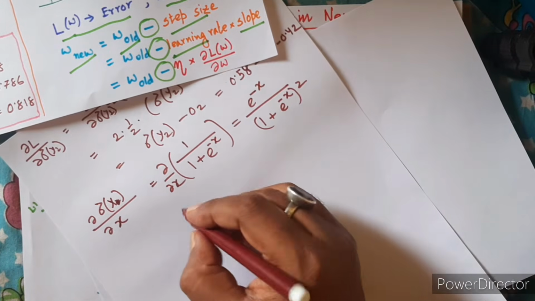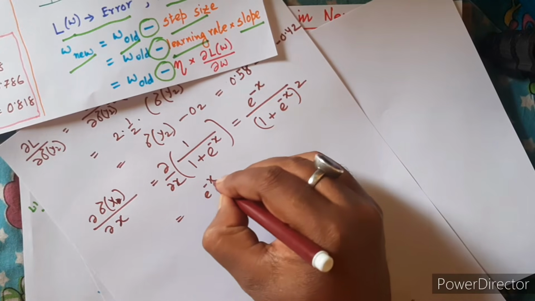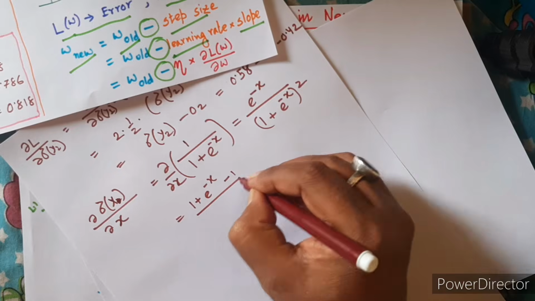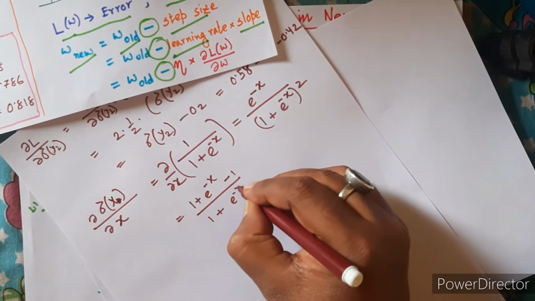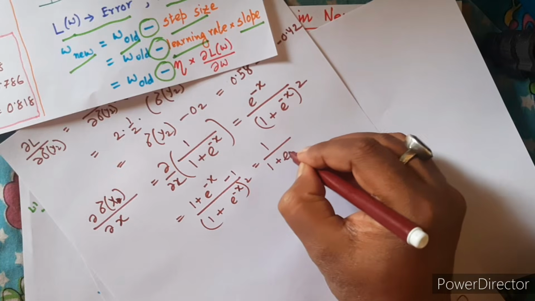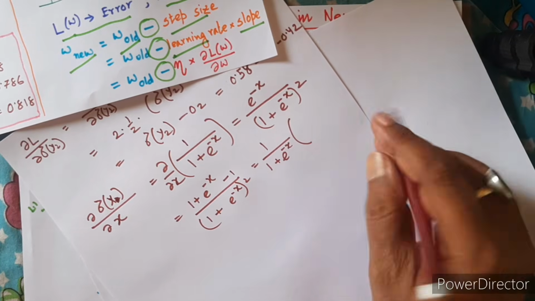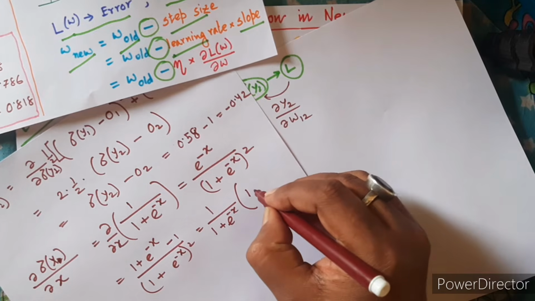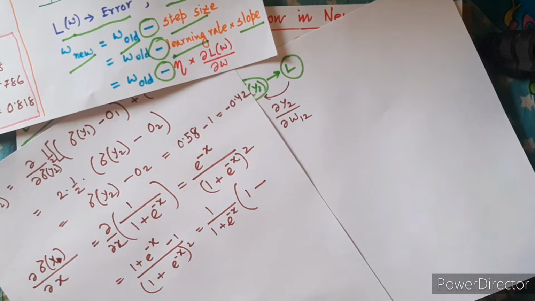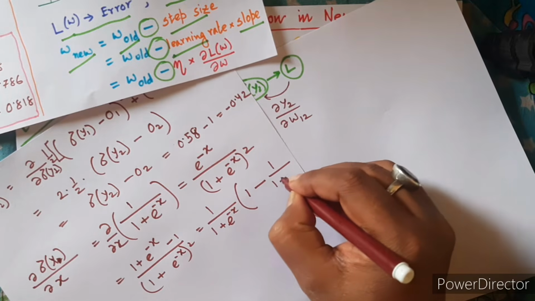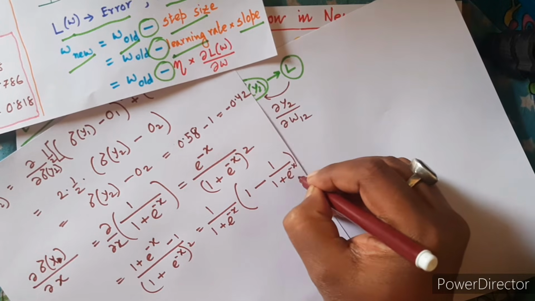Now it can be written as 1 by 1 plus e to the power minus x taken common, and then 1 minus 1 by 1 plus e to the power minus x.